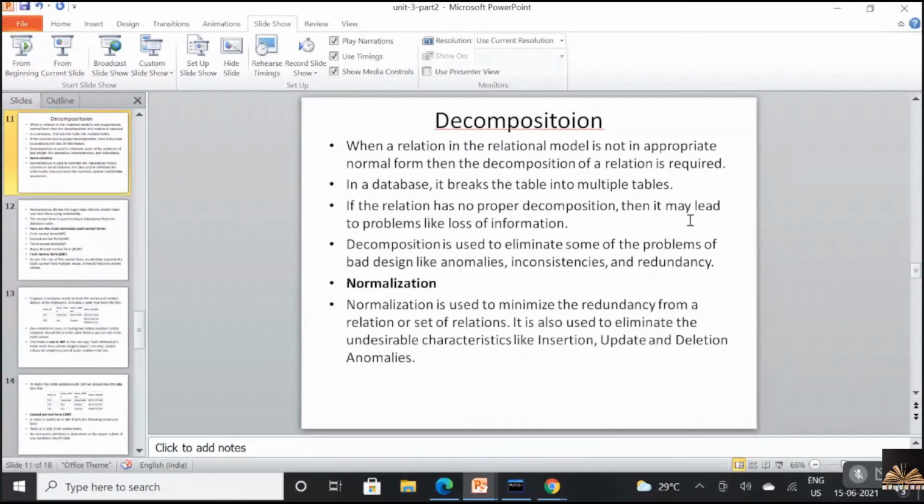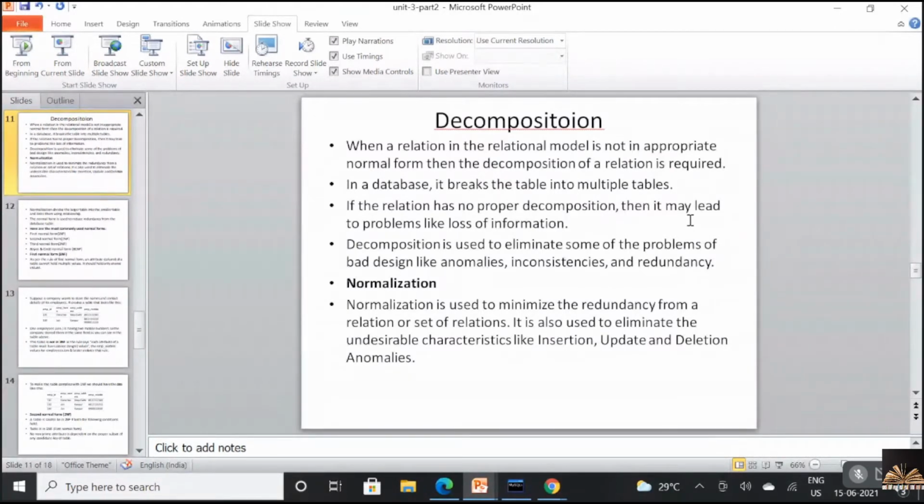Normalization is a step-by-step process wherein you minimize data redundancy from a table, and it also eliminates different kinds of anomalies.